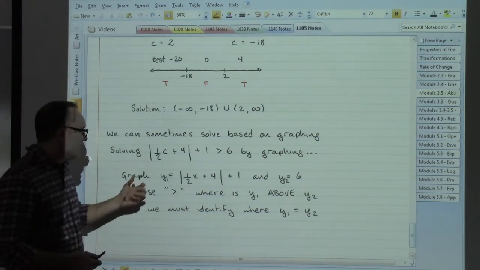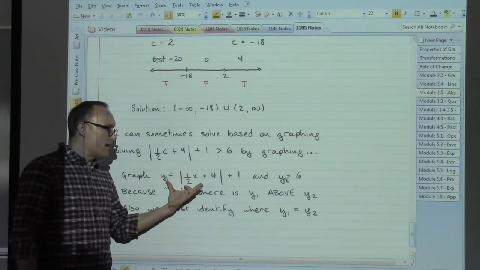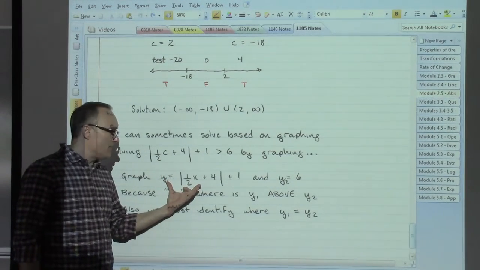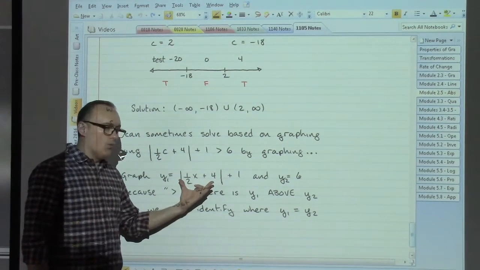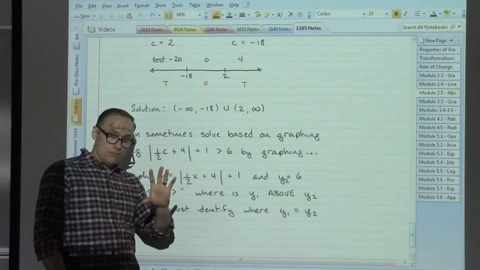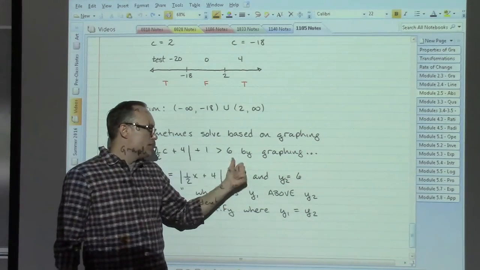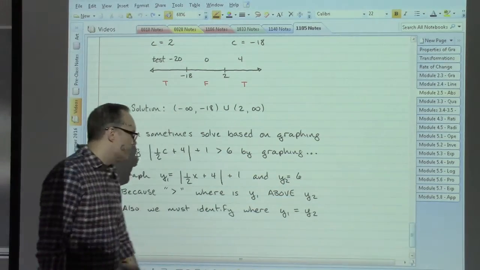So in this particular case, we might say the left-hand side of that inequality we will set up as one of the entries in our graphing calculator. So the y1 is that absolute value, 1/2 x plus 4, plus 1. And then y2 is going to be the right-hand side of that inequality, so y2 is just equal to 6.